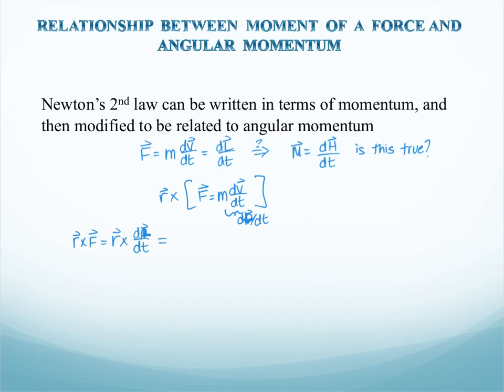Is this equal to the time derivative of angular momentum with respect to time? Well, let's find out. Basically, I want to know if this is equal to this. So I'm going to look at angular momentum, which is r cross mv. So let's look at what the time derivative is.